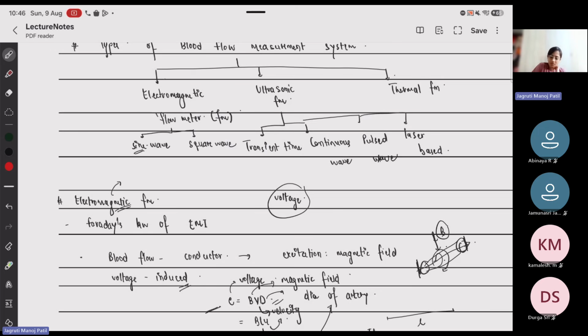To induce a voltage difference, when you apply a magnetic field and there's a flow passing through it, you will have a phenomenon of induction, right? So you use an alternating current wave to generate this magnetic field. That magnetic field then will induce a voltage at those two different points where you're trying to measure it.